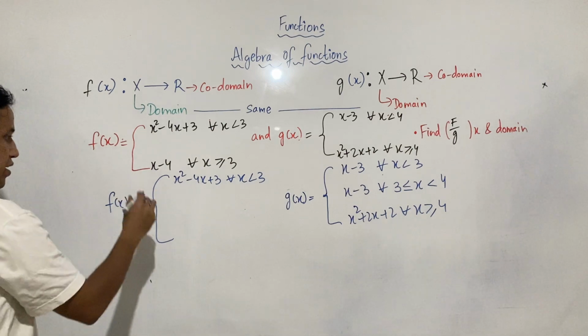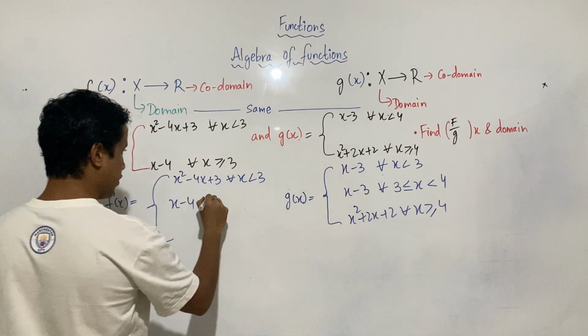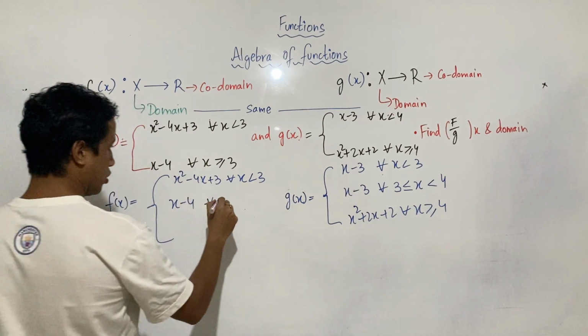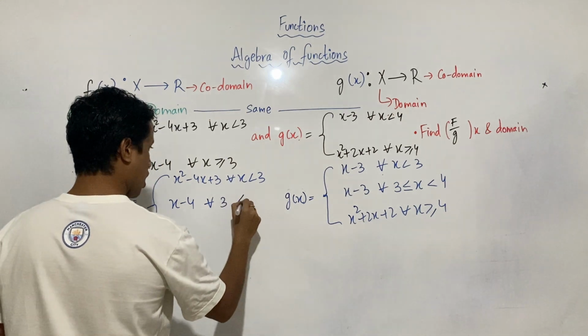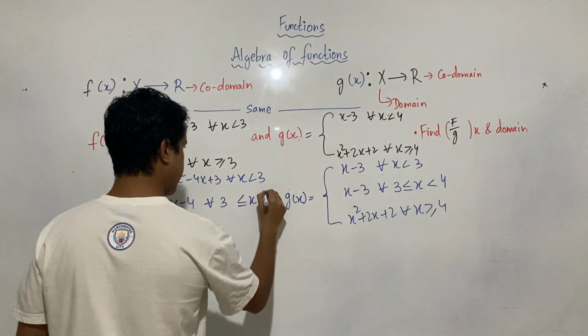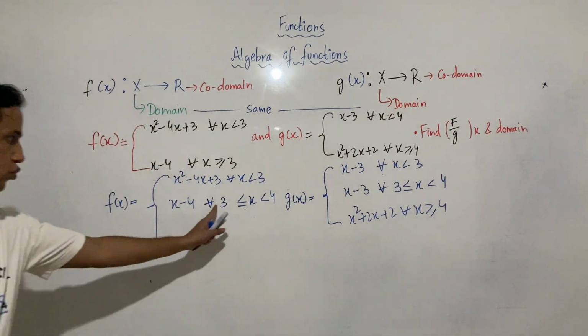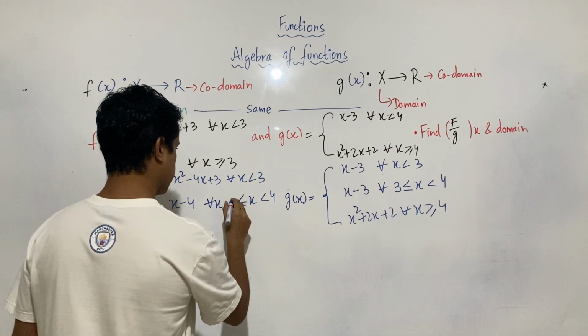So here I can say that this is going to be x minus 4 for all x between 3 and 4, with 3 included here.